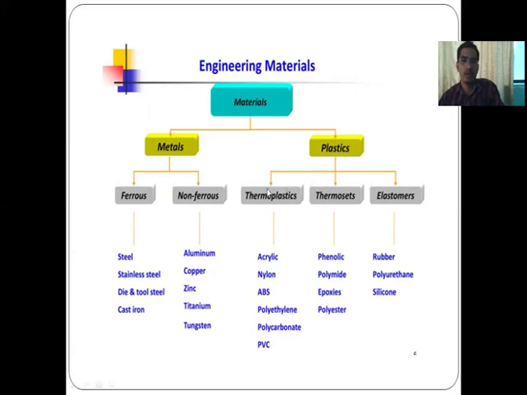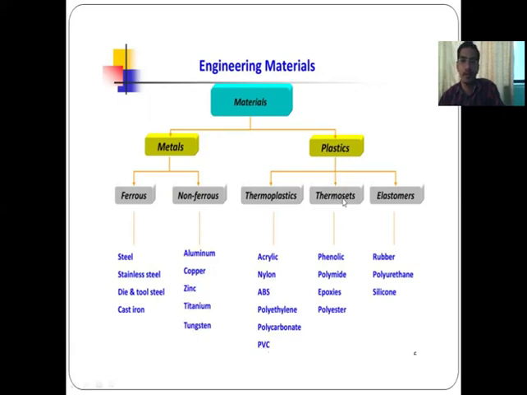Next is thermoplastics. The examples of thermoplastics are acrylic, nylon, ABS, polyethylene, polycarbonate, and PVC, that is polyvinyl chloride.